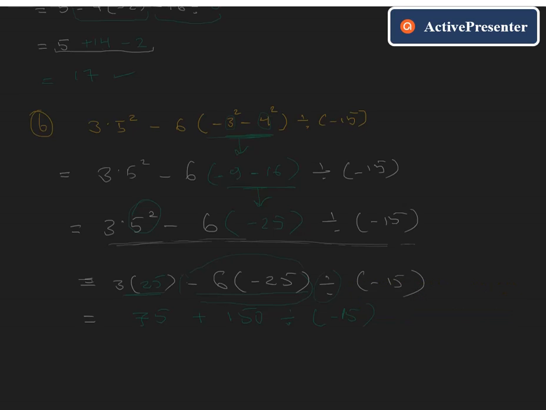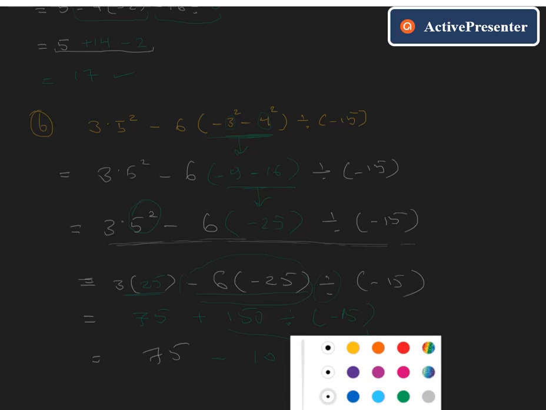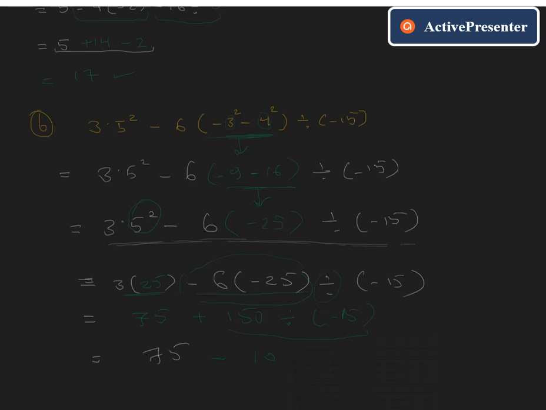Now we do the multiplication and division from left to right. Of course, this will be equal to minus 10, and the rest will remain the same. So this is 75 minus 10, which is 65, and we are done.